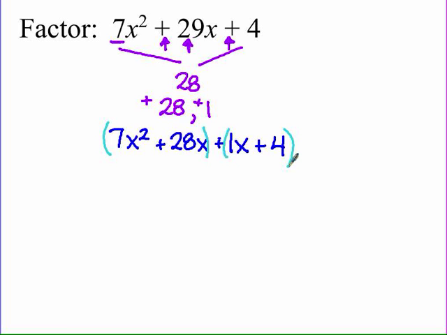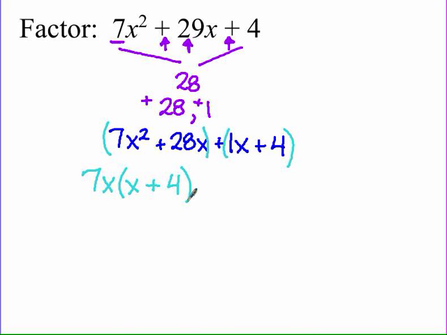What's in common? 7x. What will that factor out to be then? X plus 4. For those wondering where that came from, 7 times what number is 7? That's 1. X times what gives me x squared?